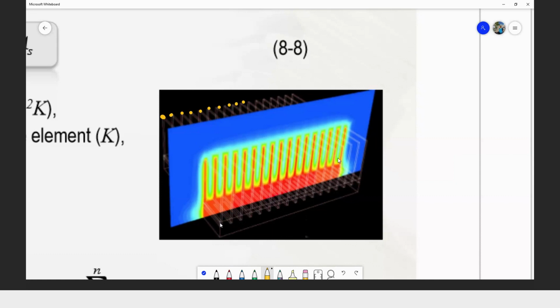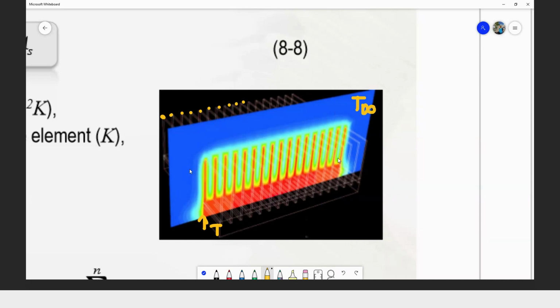At the bottom here is the base, so we have a hotter temperature at the bottom. And then this is the surrounding, where we have a certain temperature. Let's say we take T ambient.